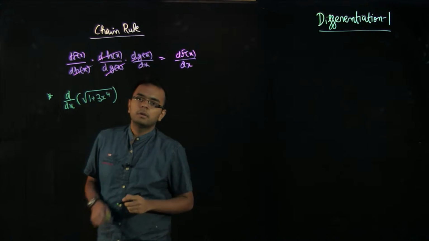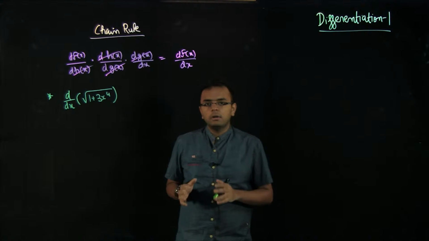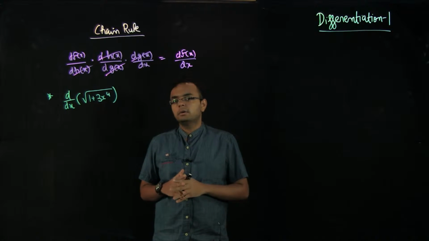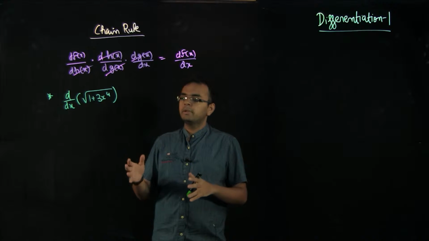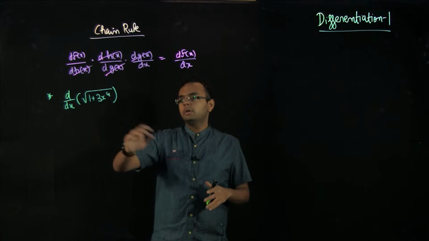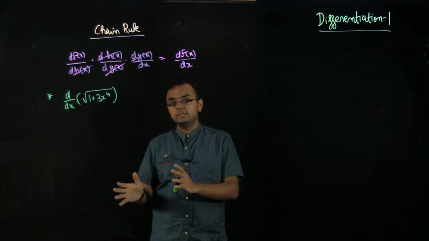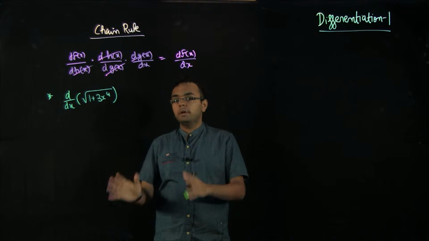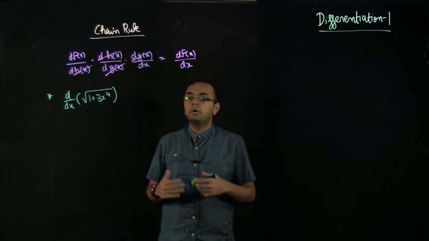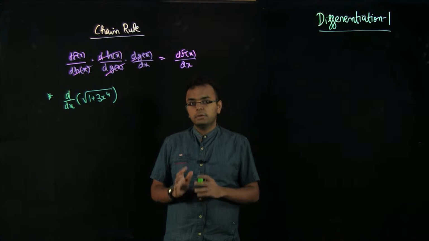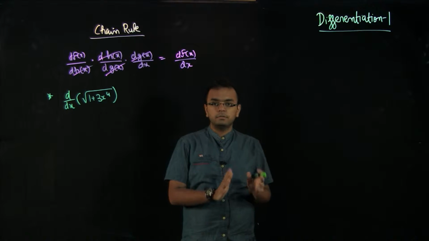Till now we have only seen functions like x cube, sin x, cos x, or square root of x, but this is something inside a square root which has some power, so we haven't seen how to differentiate these things. You can do it very quickly, but first let me explain a long way to do it. We know how to differentiate a square root function.